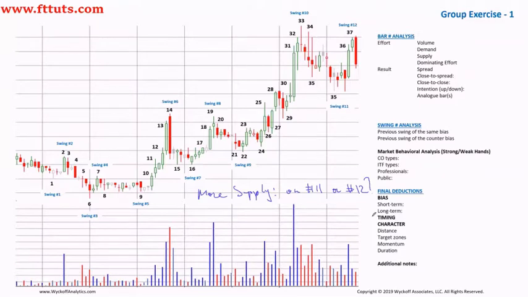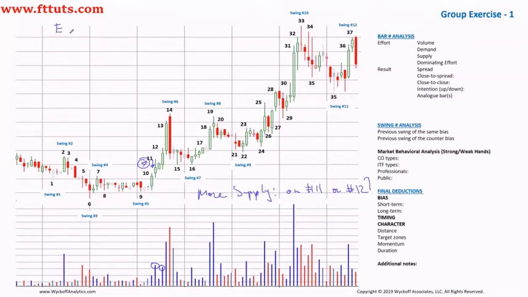Yes, correct. Absolutely correct. And I like the explanation too. By this tail here, we see a supply tail. And we see that the volume signature on 11 and 12 is almost equal. So think about this.